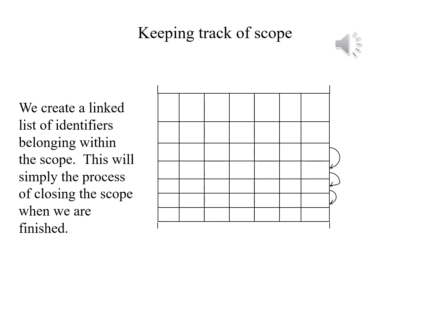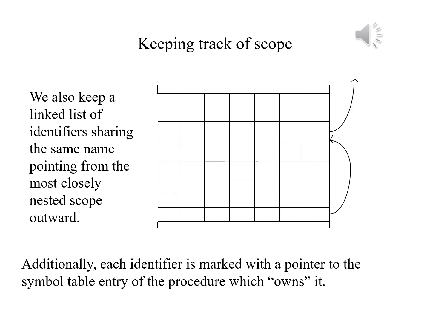One that we will create links the identifiers together that belong within a given scope, from the first one declared within the scope through the last one. This will simplify the process of closing the scope when we are finished. We also keep a linked list of identifiers sharing the same name, pointing from the most closely nested scope outward.